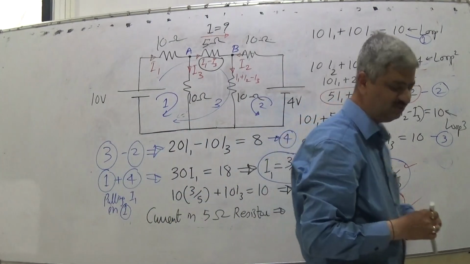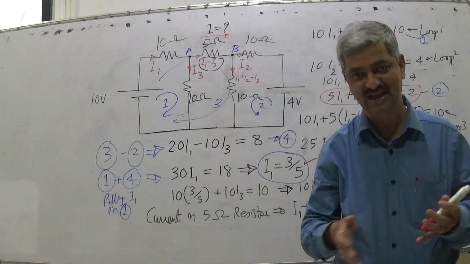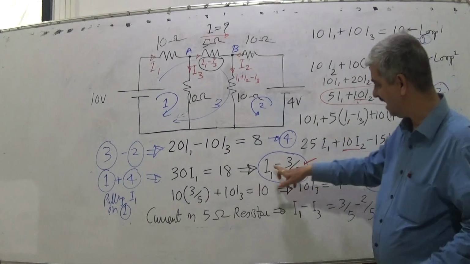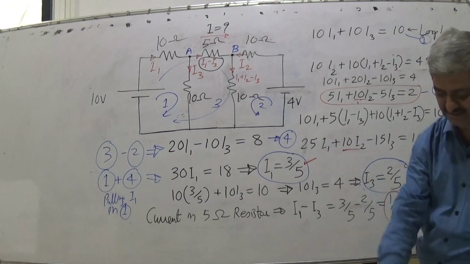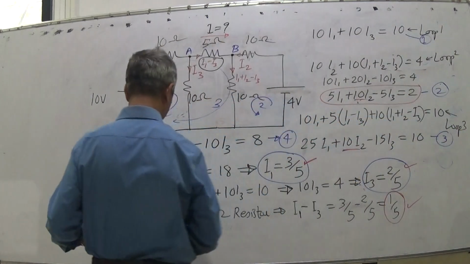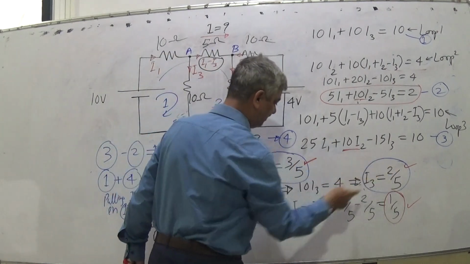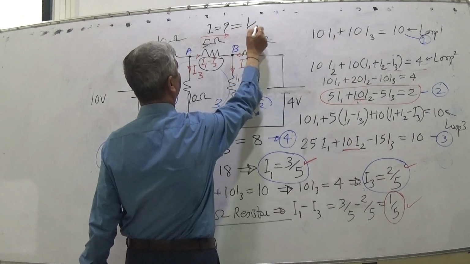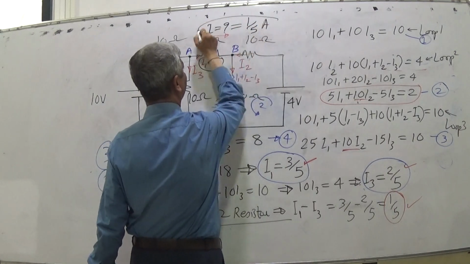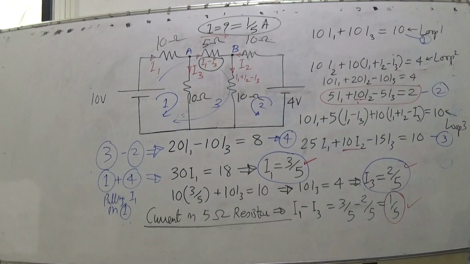I think that if I start detailing this, then you will say am I in high school class. So I1 is 3 by 5, I3 is 2 by 5, and then the final answer, current in 5 ohm resistor is I1 3 by 5 minus I3 2 by 5 is 1 by 5. So I is 1 by 5 amperes is the final answer. So by Kirchhoff's laws, you can solve any problem.